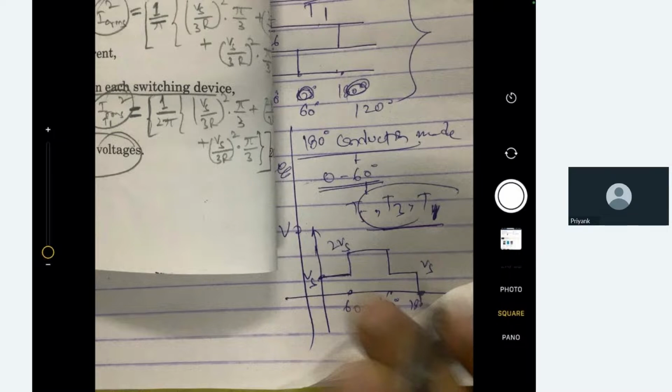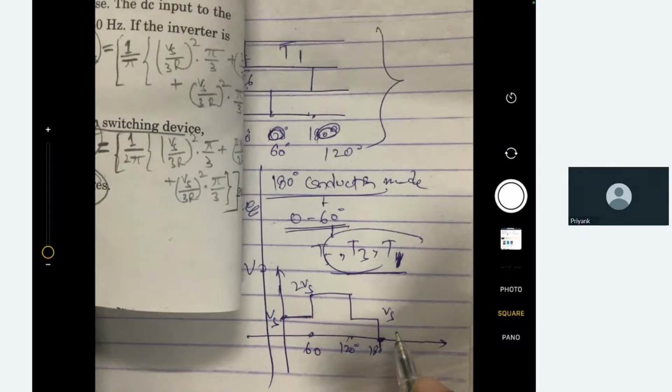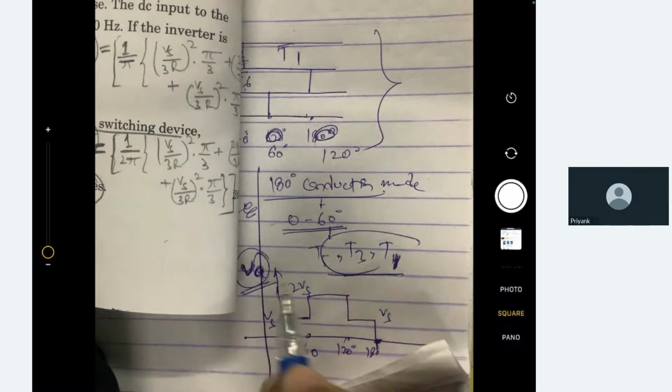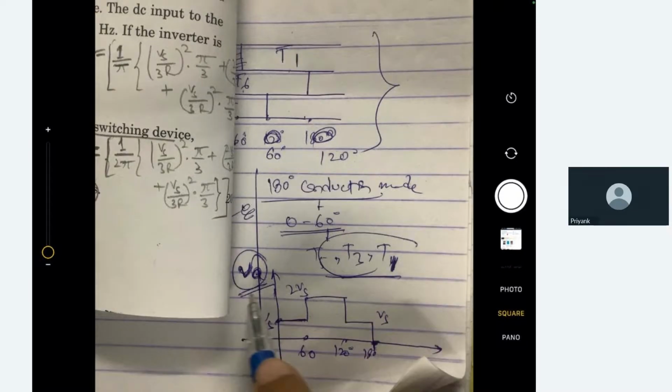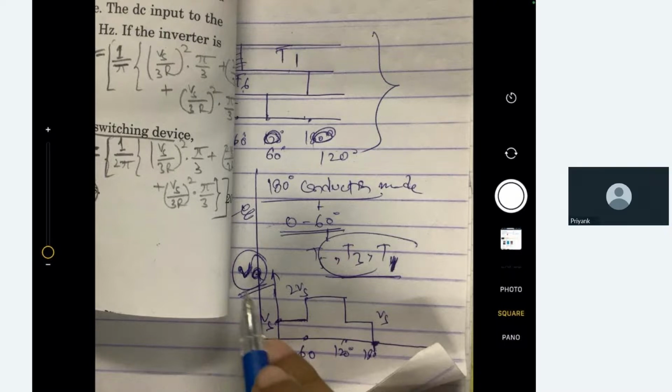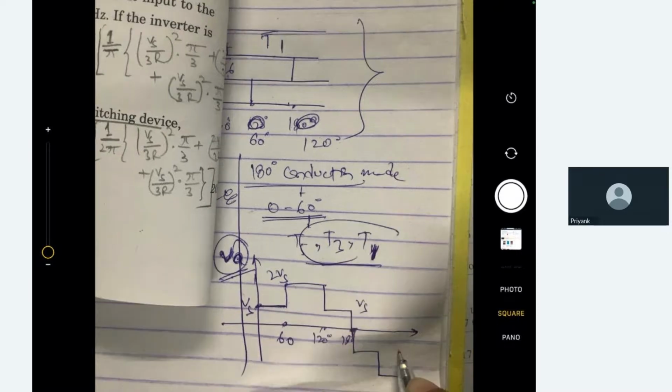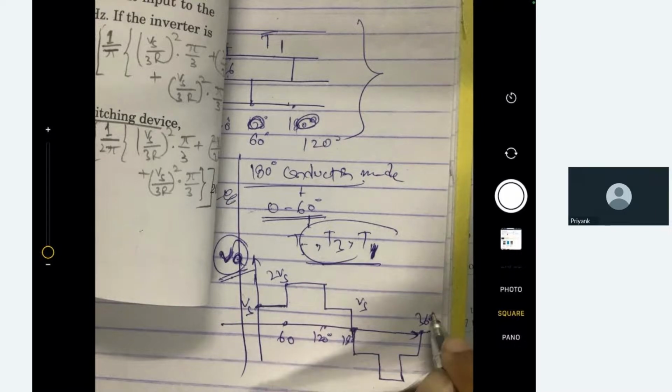This is the phase voltage, either VA or VB. Obviously VB will be the shifted version by 120 degree. I am plotting it for VA, and it will be like this. The cycle will complete like this.